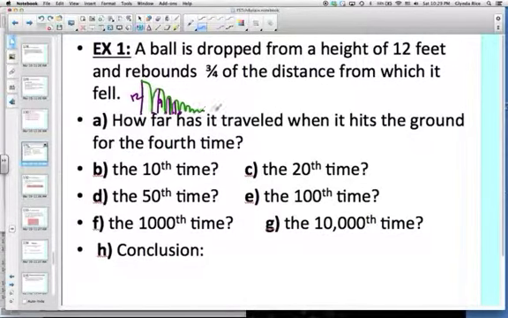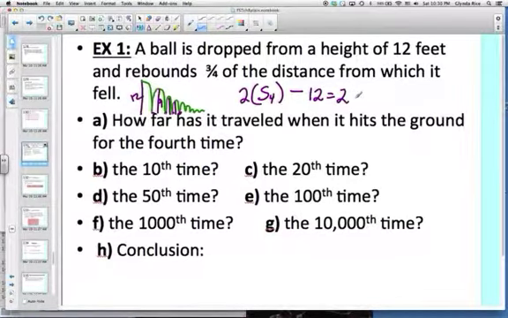So we need the height to go up and down this bounce, and we were using S sub 4 times 2 because the ball goes up and down, minus the original height because it's dropped from that height.